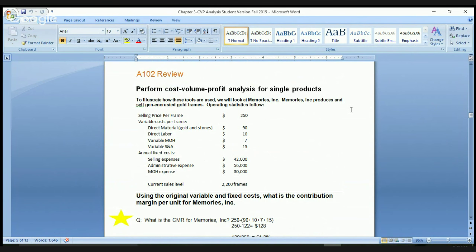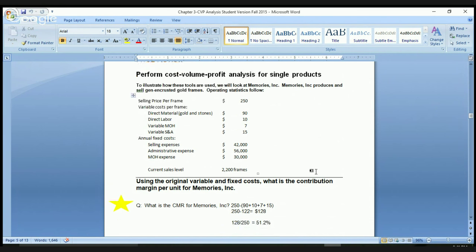The variable costs are direct materials of $90, direct labor of $10, variable manufacturing overhead of $7, and variable sales and advertising of $15 per unit. The annual fixed costs are $42,000 for administrative expenses, $56,000 for sales and advertising, and $30,000 for manufacturing overhead. And our current sales level is 2,200 frames.